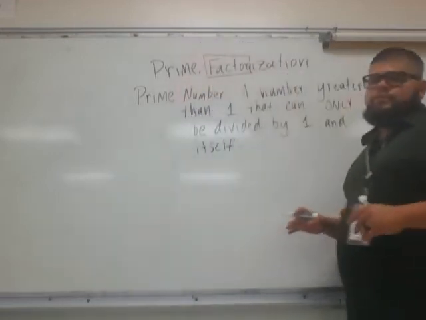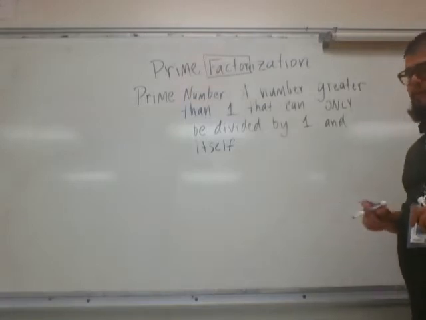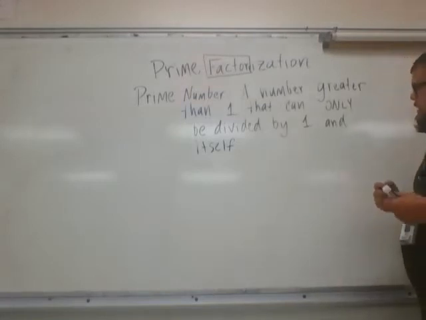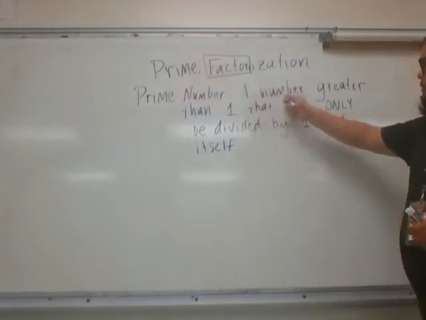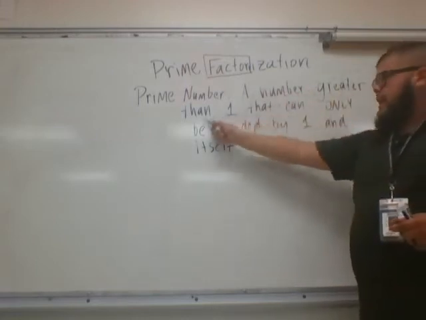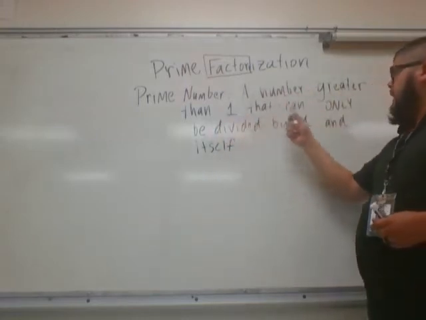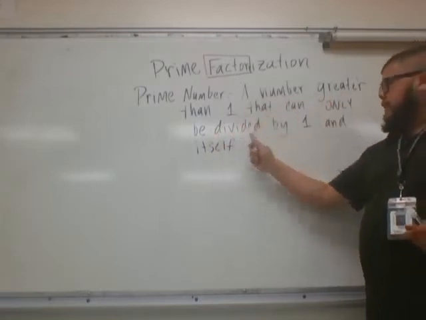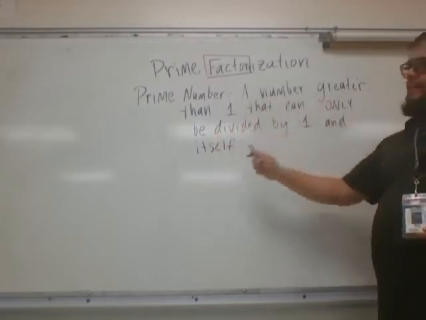With no remainders, right? So a prime number is a number greater than 1 that can only be divided by 1 and itself.